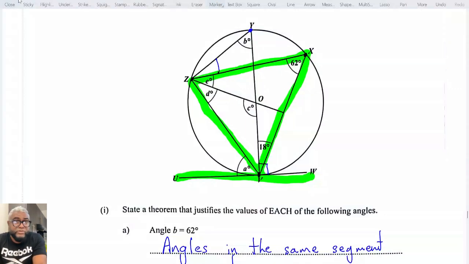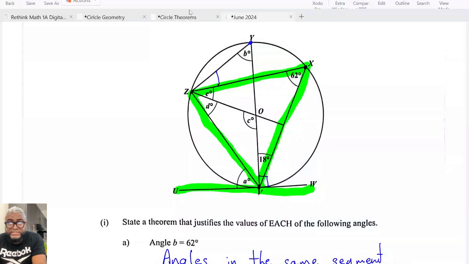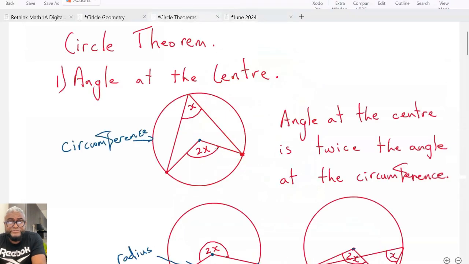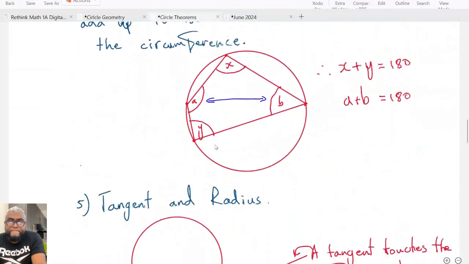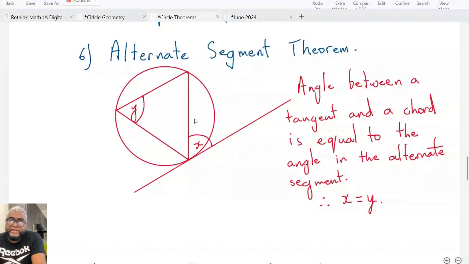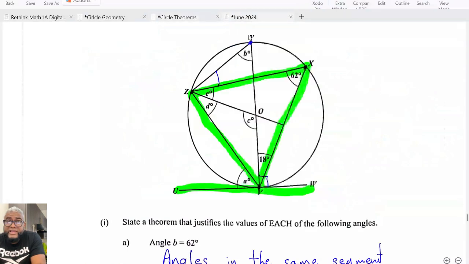For those who were not here last week, let me pull it up. Angle between a tangent and a chord is equal to the angle in the opposite segment, right? So this angle here, Shania, is equal to the angle on the other side. So going back here, if you have A here, it will be equal to 62.